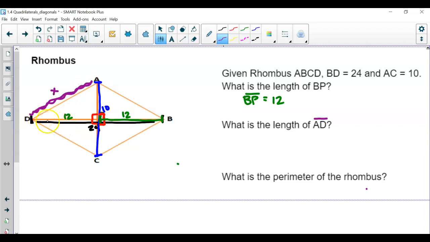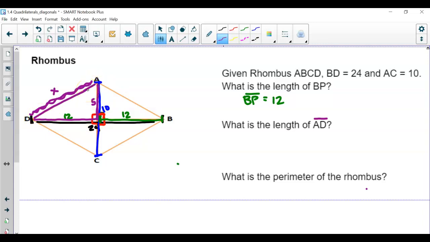I notice that this section is 12. We also know that this section here is not 10, because it's half of that since it was bisected. So this section is 5. Now notice here are 5 and 12, and we're looking for this side.